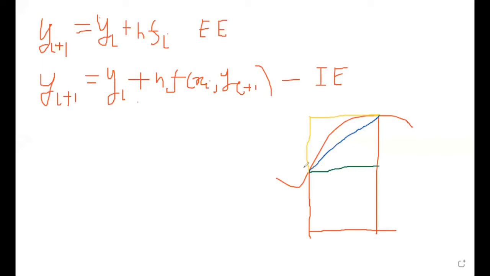So what is the area of the trapezium? This height is F i, and this bigger height of the trapezium is F i plus 1, and the distance between the two parallel sides is h.